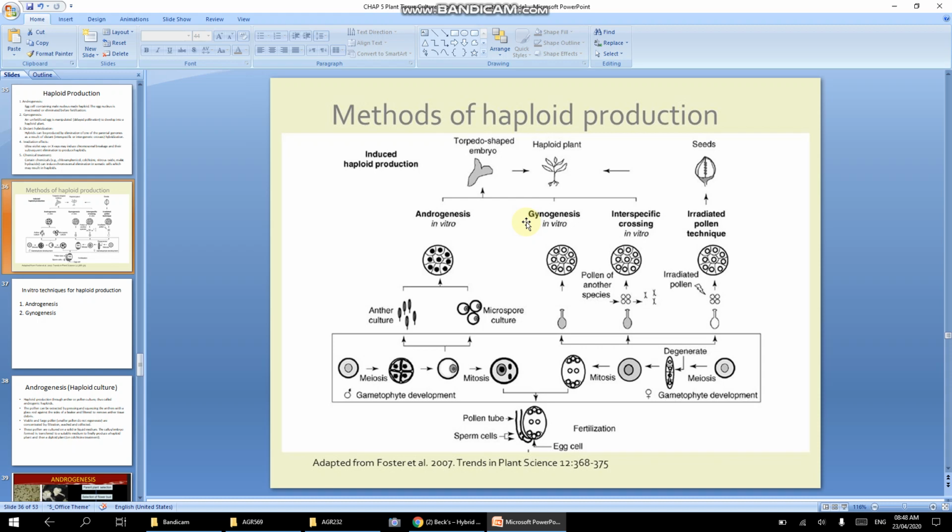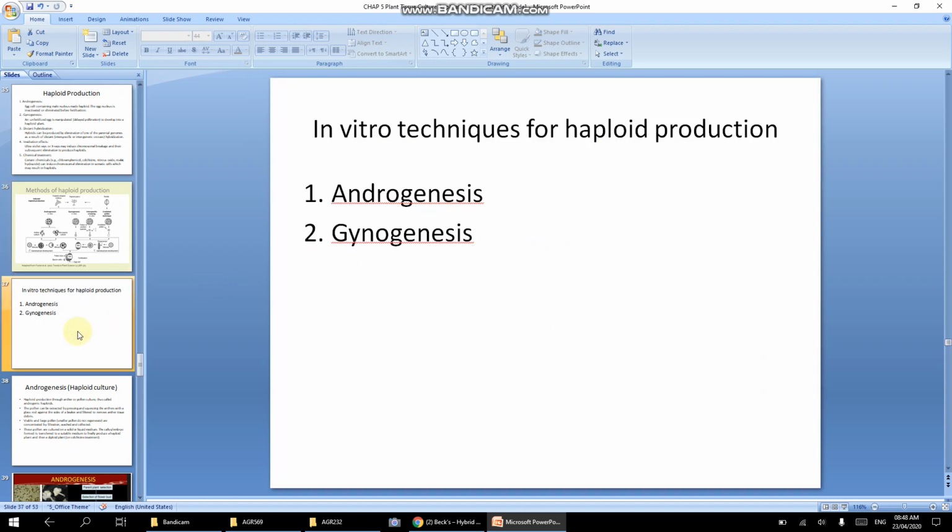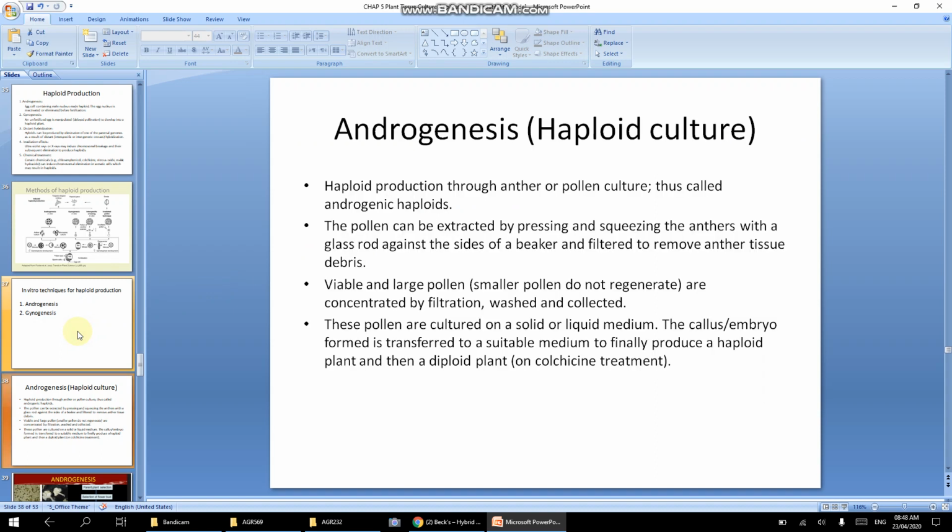So that's haploid. The in vitro techniques that you have are androgenesis, which is by using the male, and gynogenesis, by using the female. Androgenesis is production through the anther or pollen culture. So the pollen can be extracted. You take the pollen, the wild pollen is collected, and it is cultured on solid medium, and the callus or embryo form is transferred onto a suitable medium.